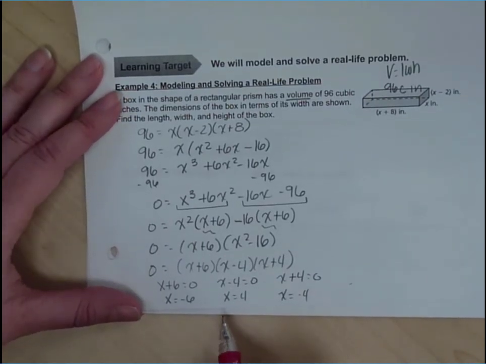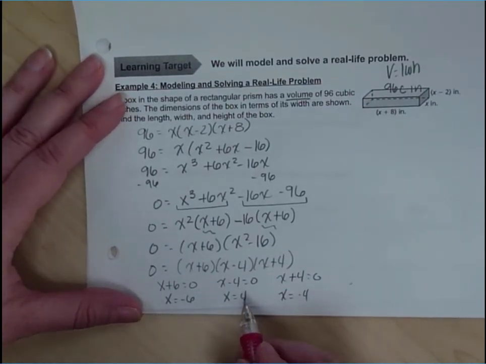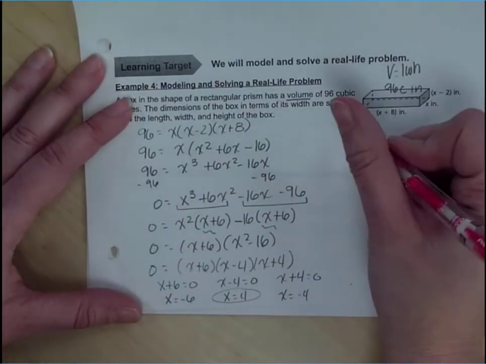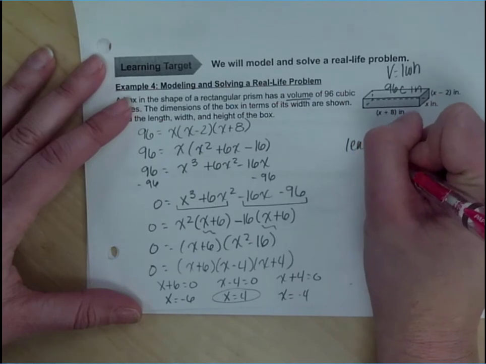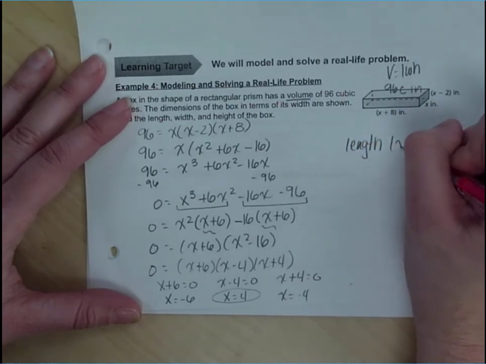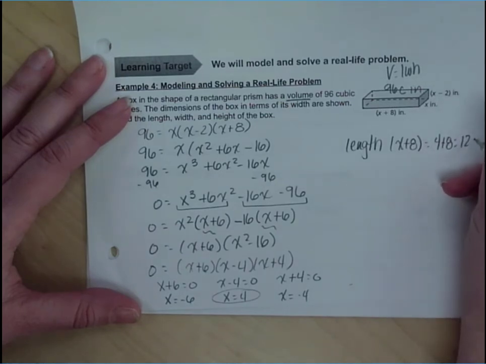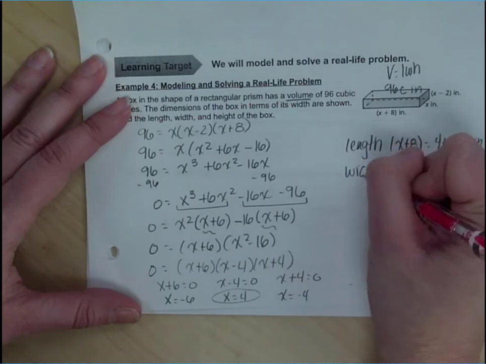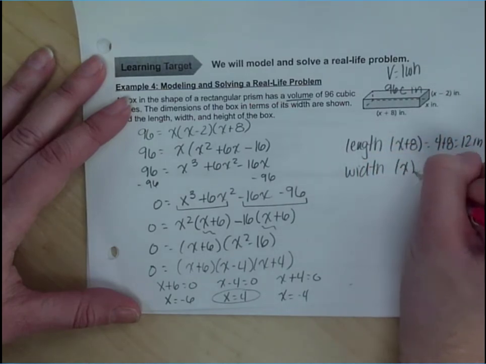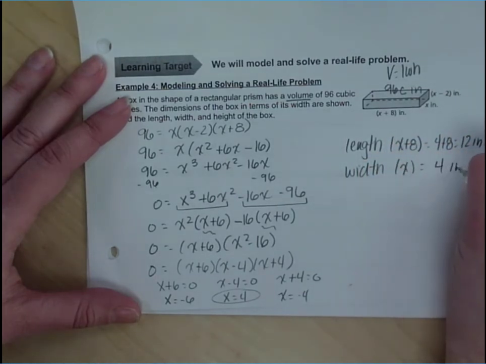Well, I only have one possibility here because I can't have a negative length. So I know that x equals 4. So my length is x plus 8. That's 4 plus 8, which gives me 12 inches. My width is x, so that gives me 4 inches.